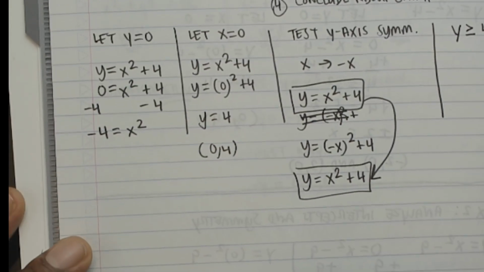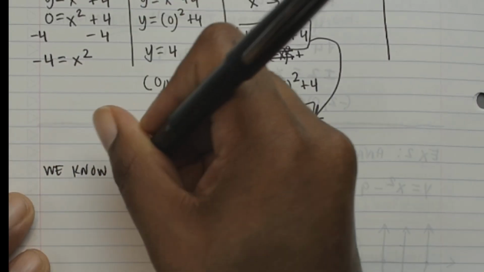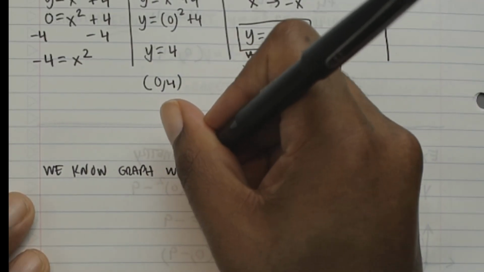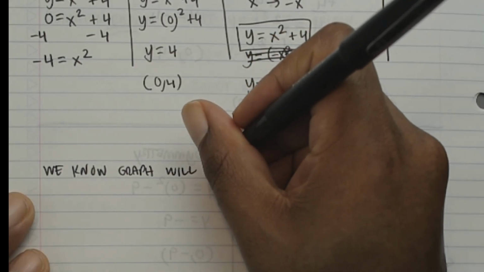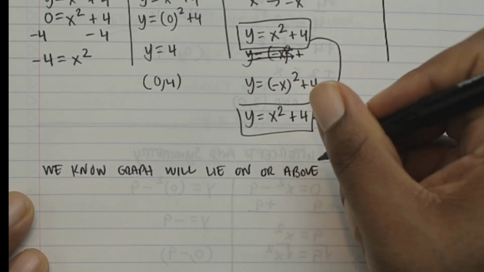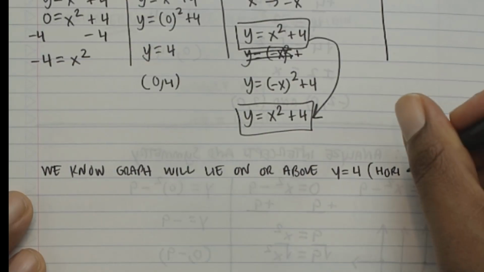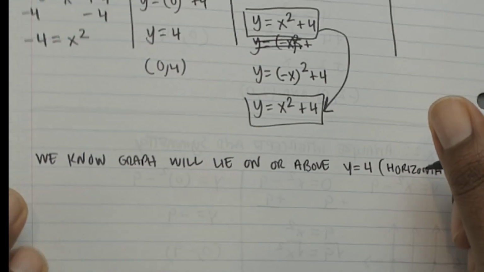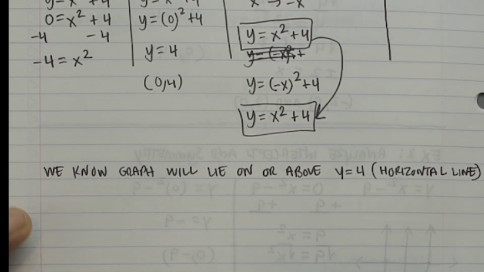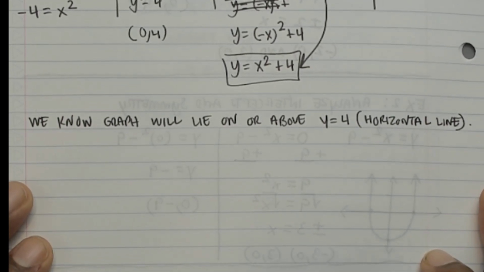So we know that this graph will lie on or above y equals 4, which is a horizontal line.